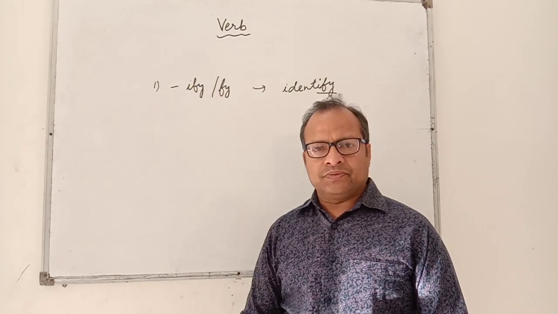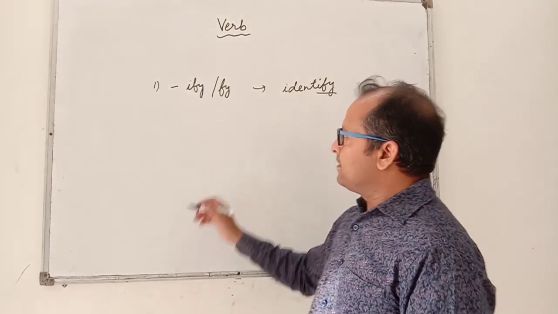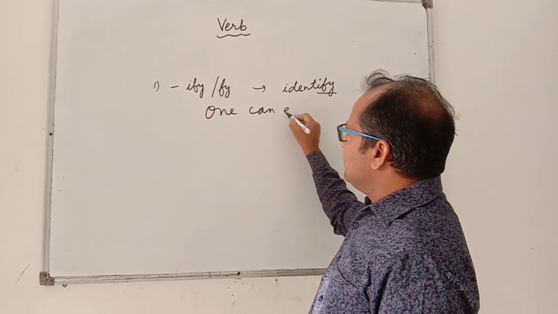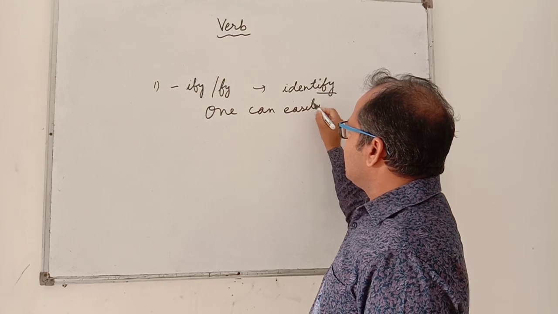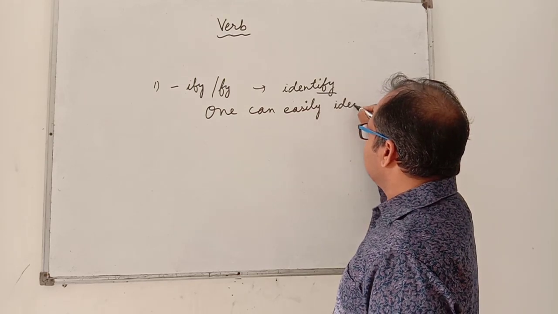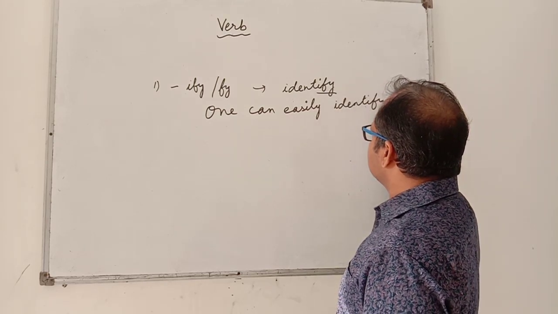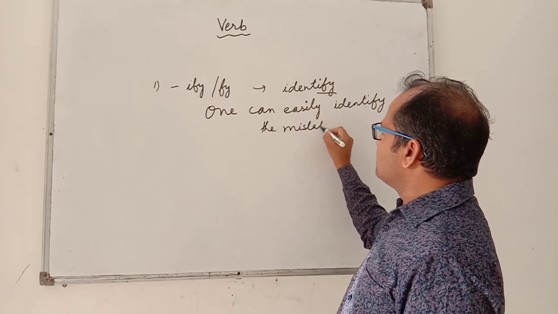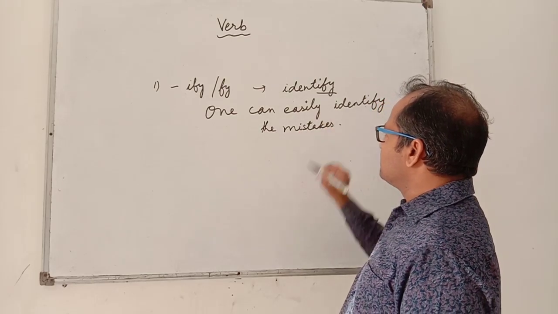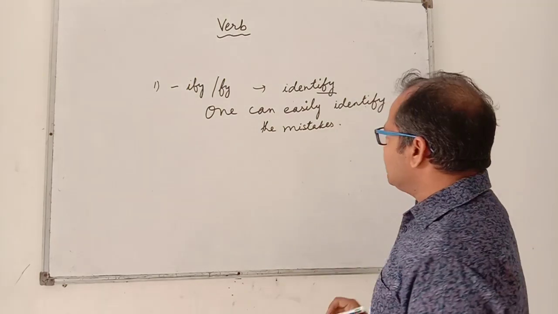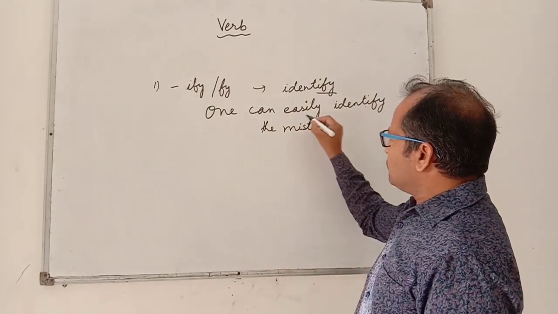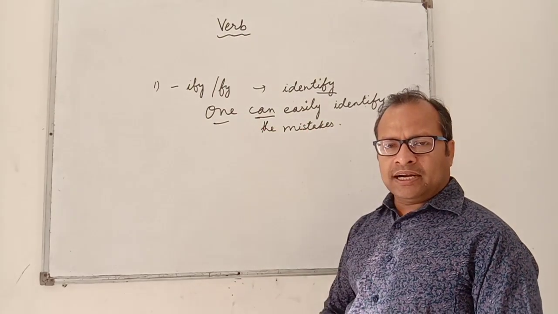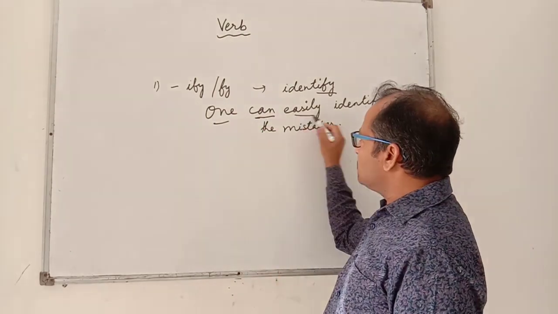Now, just try to take one example. One can easily identify the mistakes. So here, one is the subject, this is the modal, and after the modal you will find what?